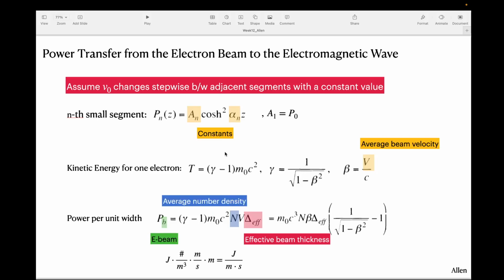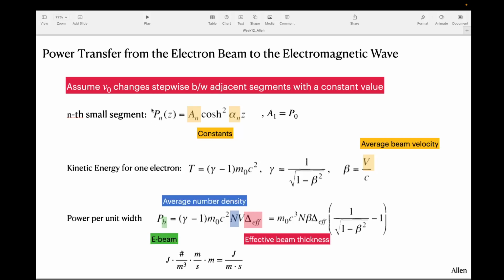And the growth of the EM wave, of course, comes from the kinetic energy of the electron beam. Therefore, we consider the kinetic energy of the electron expressed in this term, as we are familiar with, defined with the average beam velocity. To get the power per unit width of the electron beam, so B means the electron beam here, not the P here.